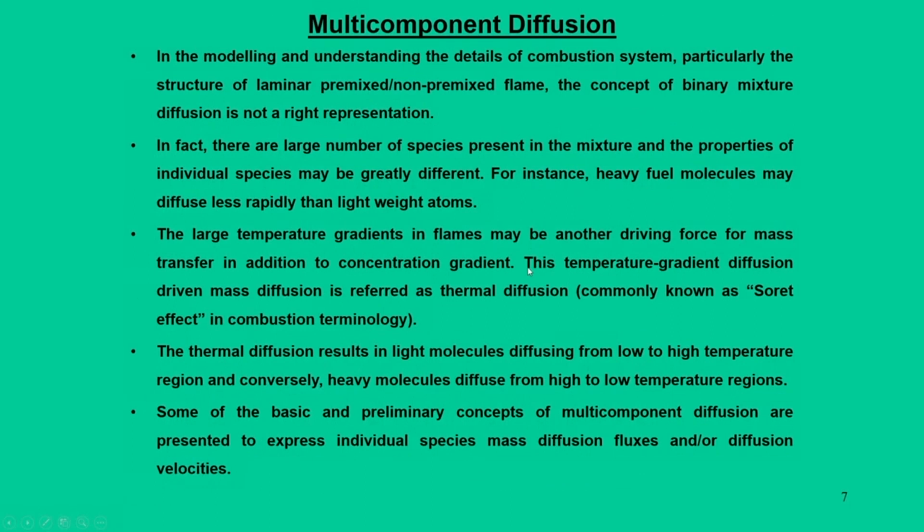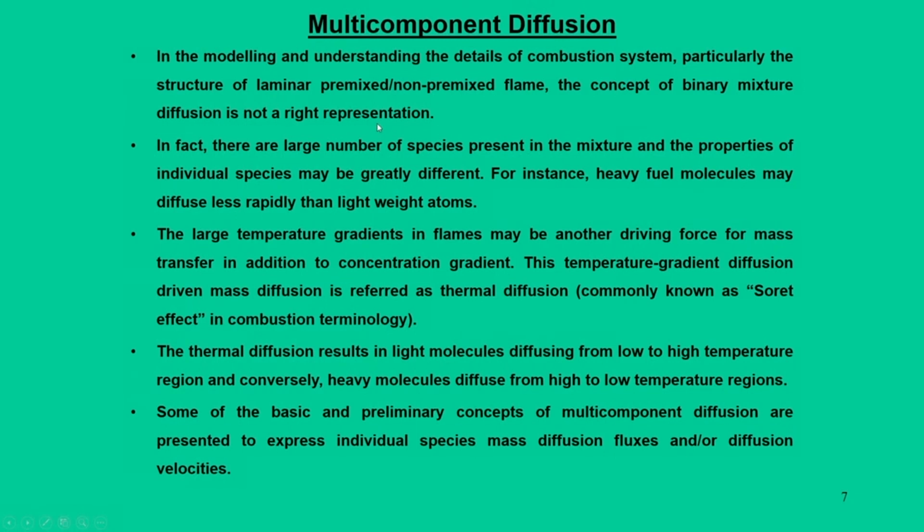Then we will move on to multi-component systems. Let us see what a multi-component system is all about and why we need a multi-component analysis. In the modeling and understanding of detailed combustion systems, particularly laminar premixed and non-premixed flames, the concept of binary diffusion is not a right representation, because binary diffusion is between two species.